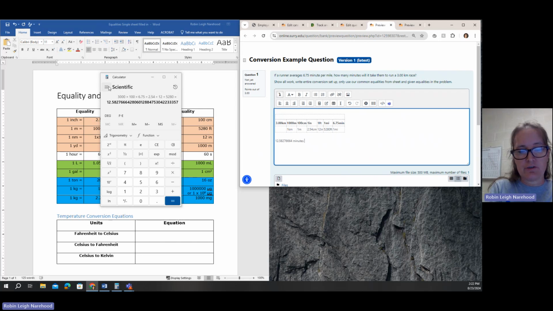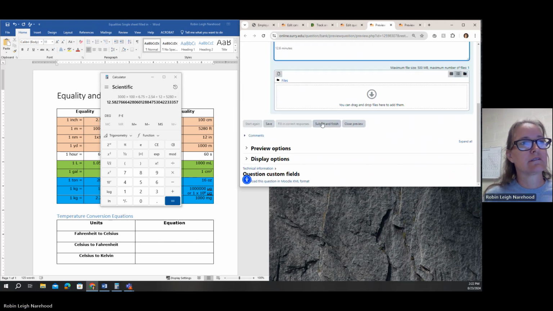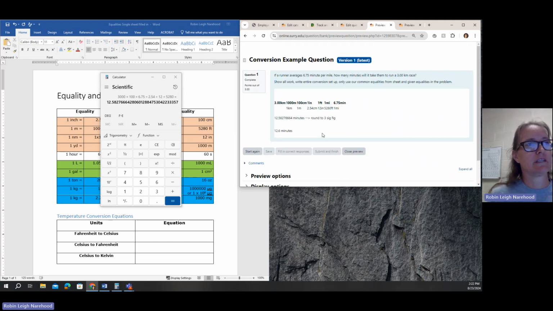And then I'm going to round to 3 significant figures because of the 3.00. And that's going to be equal to 12.6 minutes. And that's going to be the answer. And then you would just submit it and it would save it. So that's what it would save.